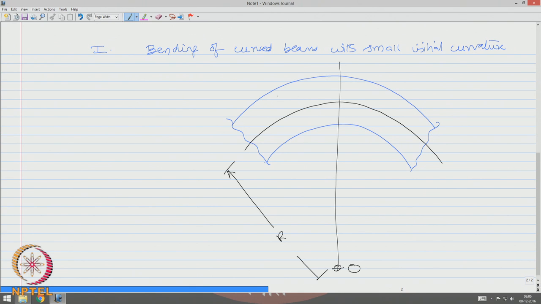Now, let us select a fiber which initially has an angle d phi.